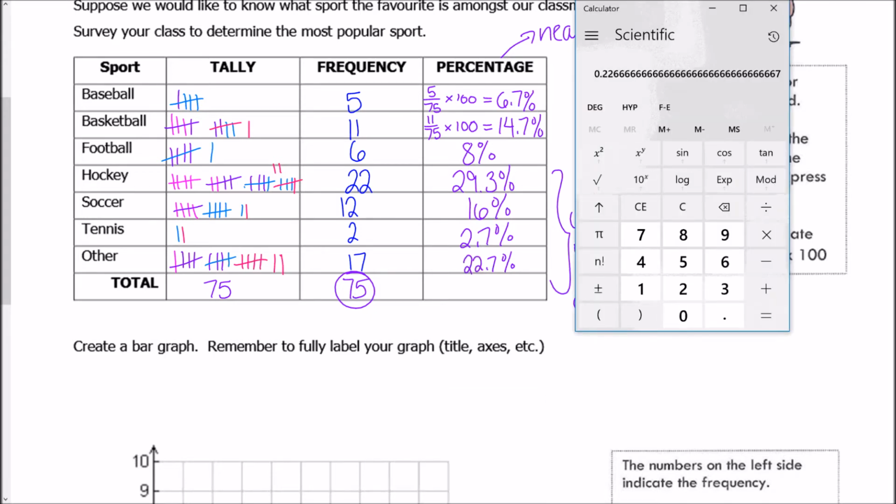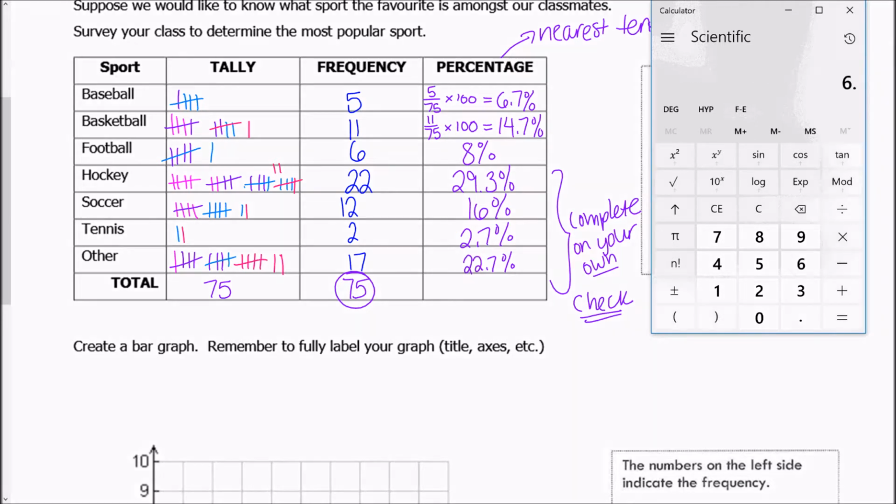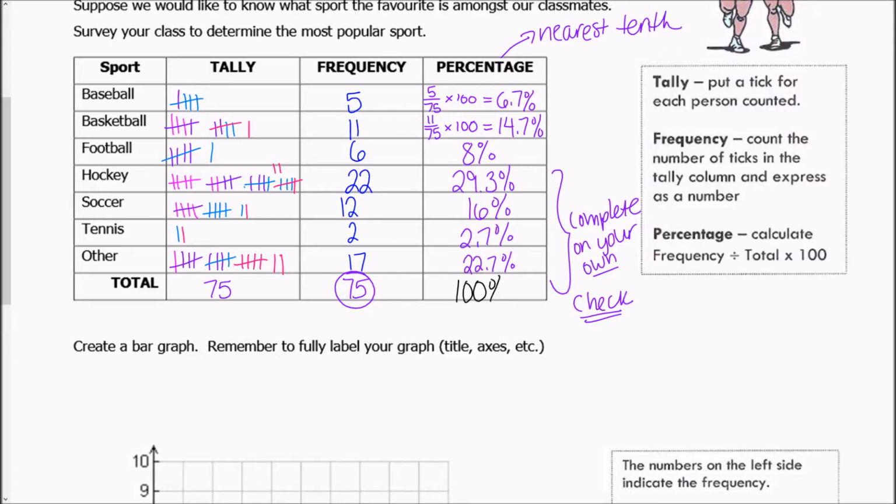So if I were to add these percentages together, 6.7 is my first percentage, plus 14.7, plus 8%, plus 29.3%, plus 16%, plus 2.7%, plus 22.7%, that gives me 100.1%. And the reason why it's not exactly 100% is because of our rounding. But for all intents and purposes, we'll say it's 100%.